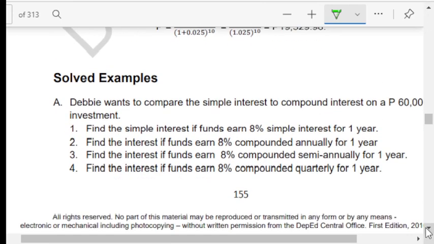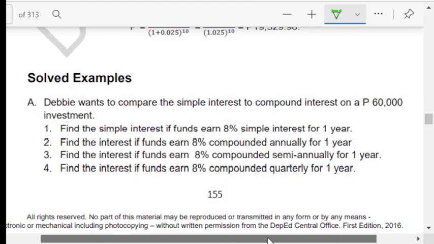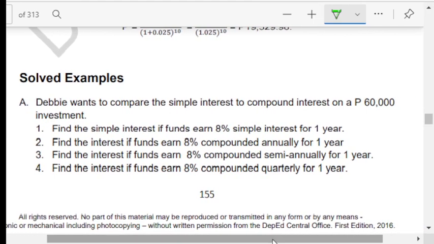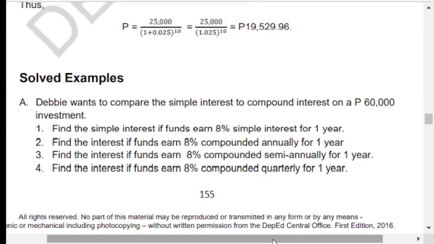Okay, next is we have Debbie wants to compare the simple interest if funds earn 8% simple interest for 1 year.